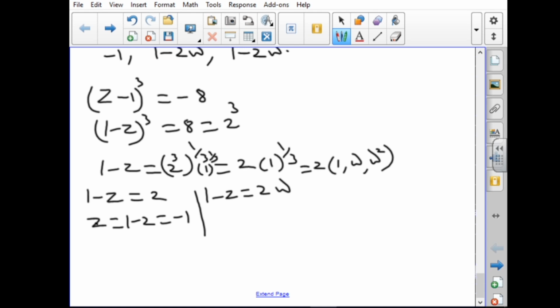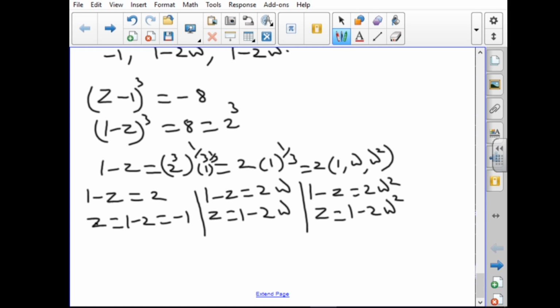So similarly, we get z is equal to 1 minus 2 omega, and 1 minus z is equal to 2 omega square gives us z is equal to 1 minus 2 omega square. Therefore, the three roots of this equation are minus 1, 1 minus 2 omega and 1 minus 2 omega square.